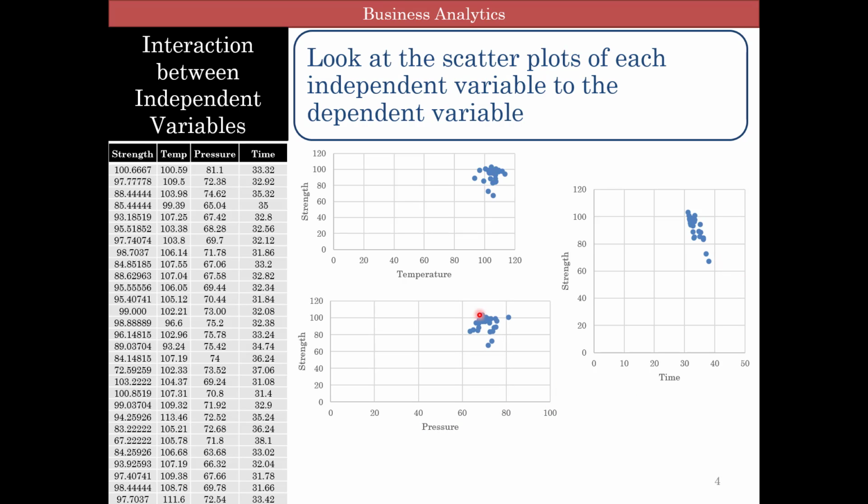With respect to pressure, it looks like there is some increase to strength, but again, there's this big circular blob. So the question is, we try to figure out what is going on. Time might have a negative linear relationship, but pressure and temperature don't seem to affect strength much. But we know that temperature and pressure must affect strength because it's basic physics or science.